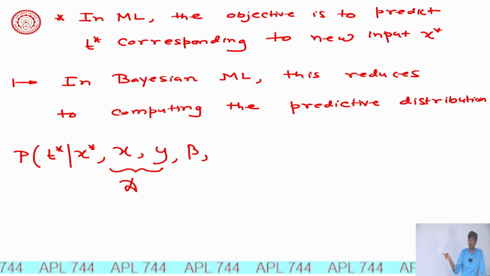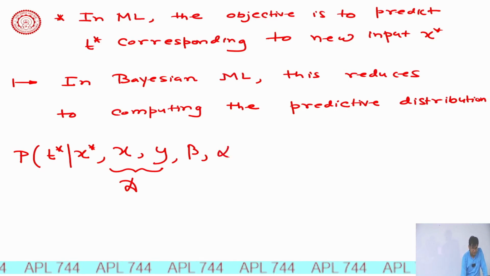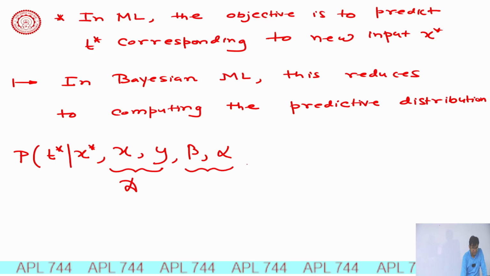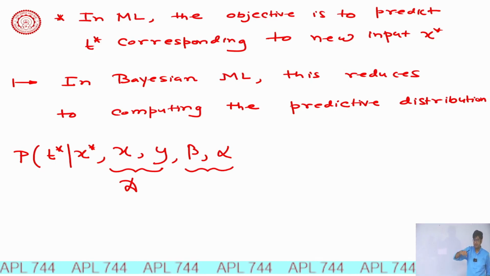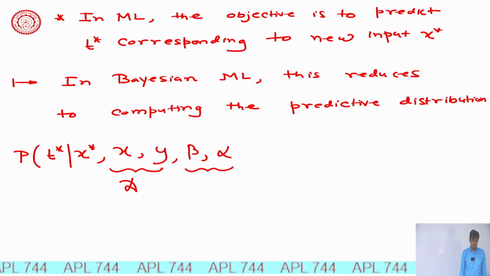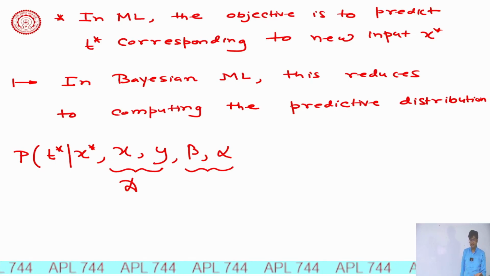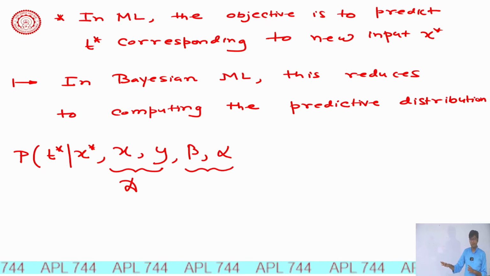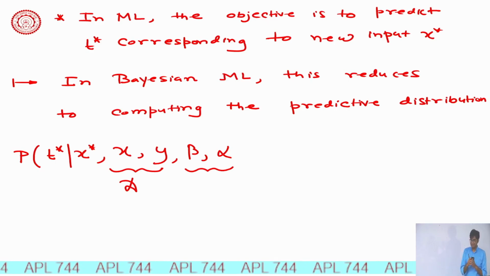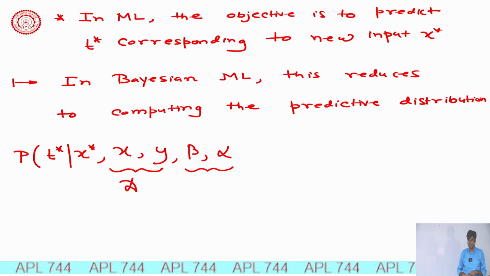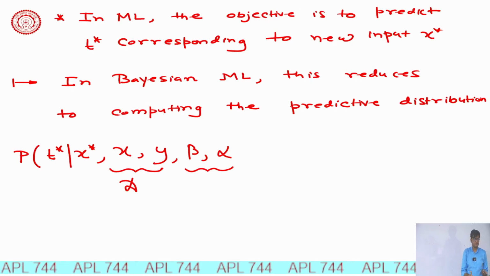The parameter should not be there, but alpha should be there. So, it will be a function of alpha. Okay. Beta is generally not a hyperparameter, but for this setup beta is known. Okay. But generally in textbooks beta and alpha are not written, because they are known, so you do not write them. You only write what is random. But it is actually a function of beta and alpha.